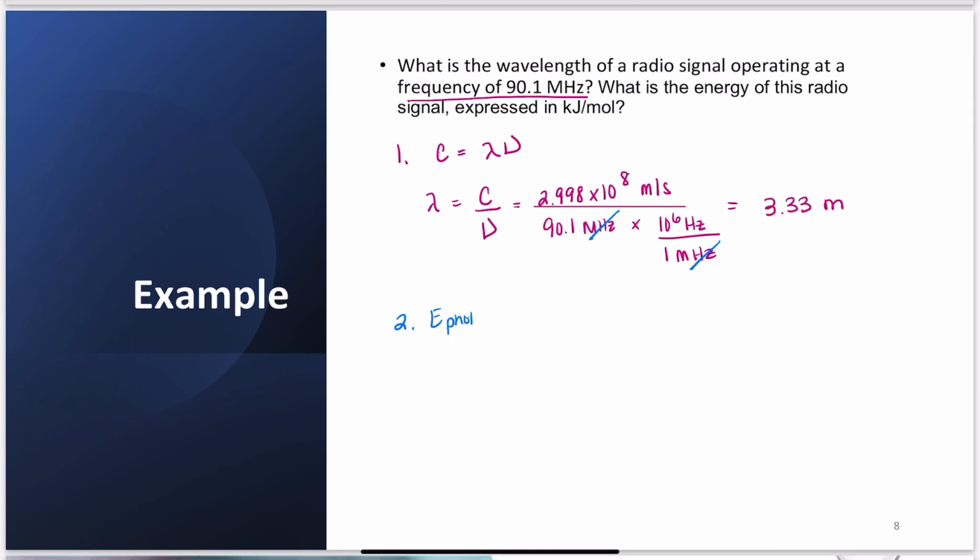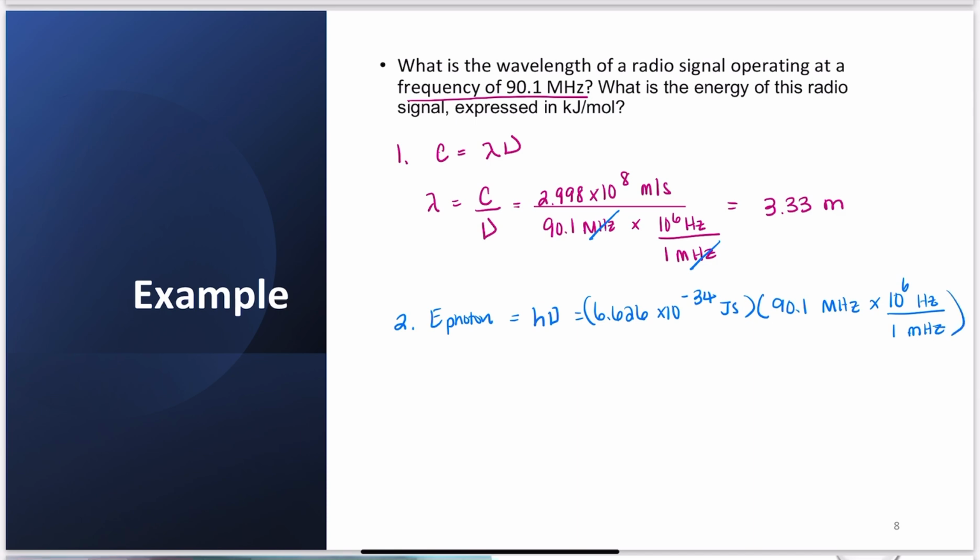I know the energy of a photon is equal to h nu. Planck's constant, I have to know, 6.626 times 10 to the -34 joule seconds. And my frequency here again, 90.1 megahertz. So 90.1 megahertz times 10 to the 6th hertz over 1 megahertz.